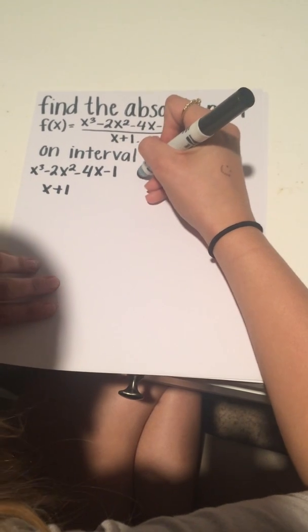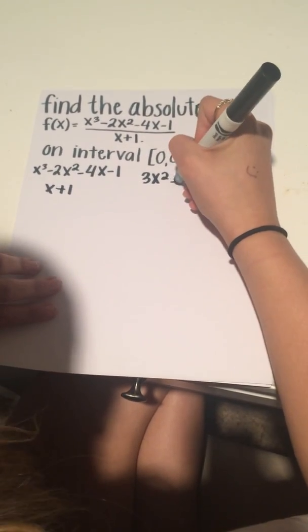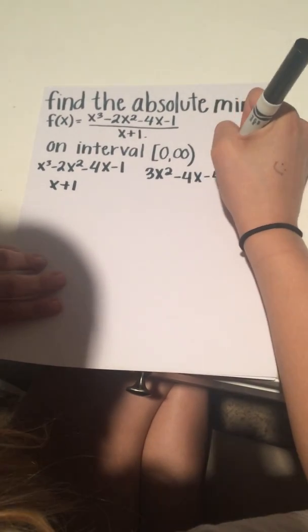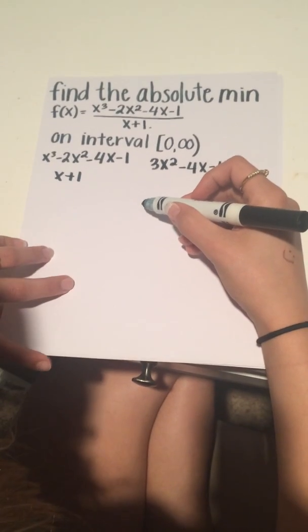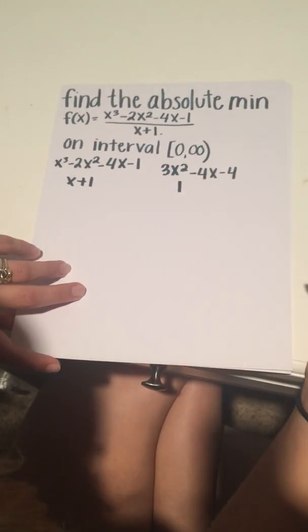So here is going to be 3x squared minus 4x minus 4, and the derivative of this is just 1.